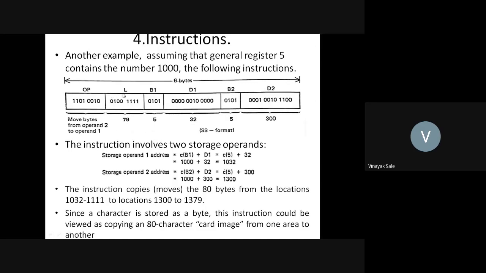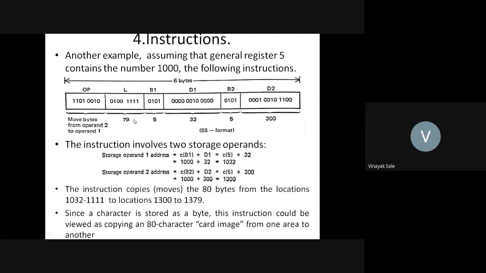So here, first L is the length, then this is register R1 where our value is stored, or the storage operand address. Here register R2 is the second storage operand. The exact values stored at storage operand 1 and storage operand 2 are calculated by this formula.